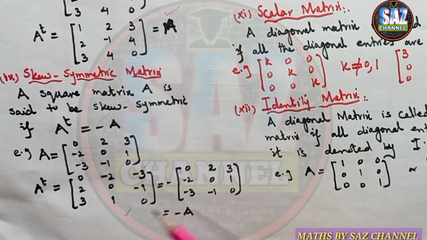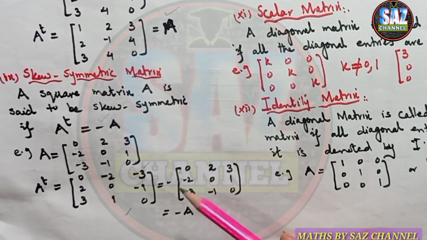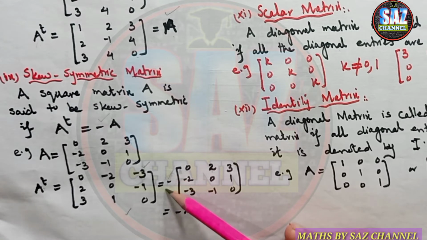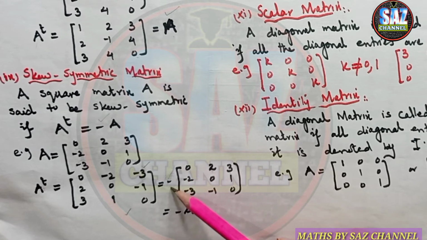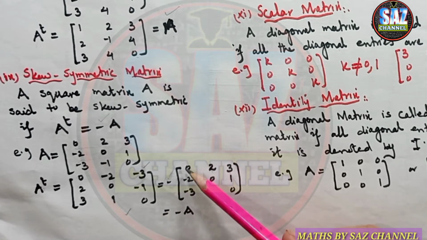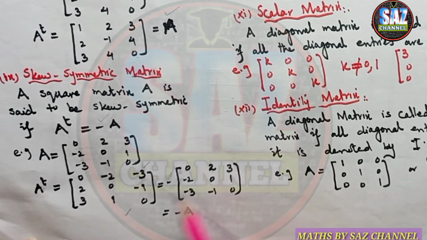So what I can do is take the minus sign as a common factor. When I am multiplying this whole matrix by the minus sign, we can see that whenever in math we have to do some operation on our own, we have to do the reverse of that. So one minus sign will remain here and one minus sign will be changing the entries. So the positive 2 will become negative 2 and positive 3 will become negative 3.